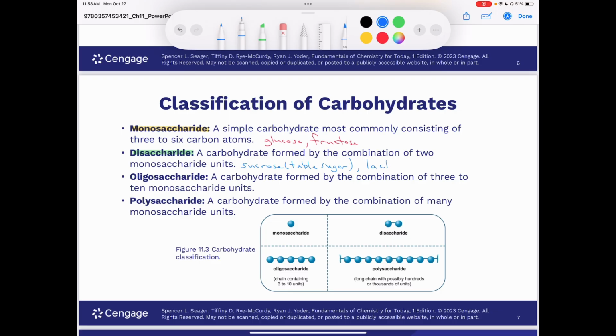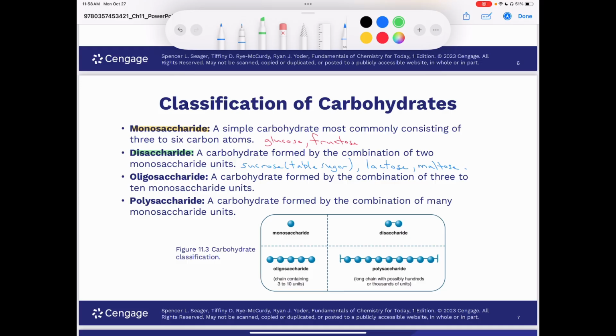Then we also have sugars like lactose. Lactose is a disaccharide made from glucose and galactose. I'm sure some of you know somebody who's lactose intolerant. So sucrose, lactose, and another one would be maltose.